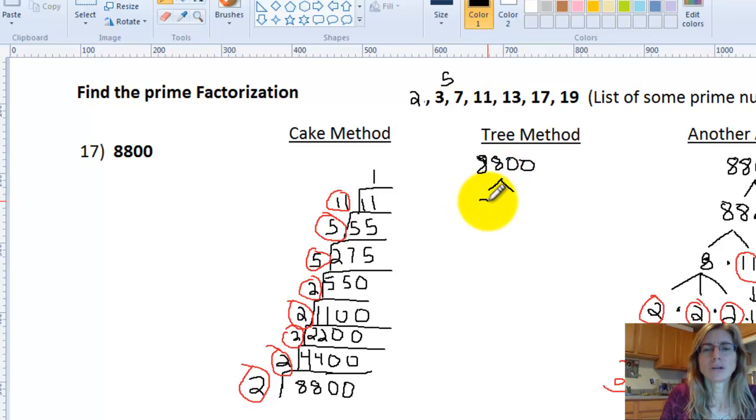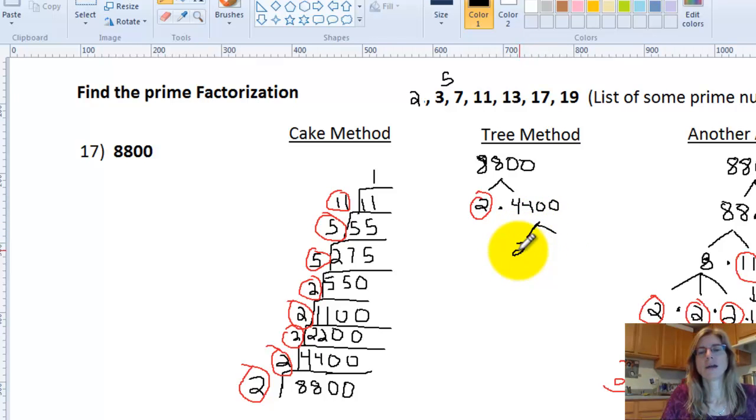Although it's very similar. So 2 times 4400. Trees work down, and you're kind of thinking more about multiplication than you are division. I've got a prime number, but this one is still composite. But we already know the answer to this whole problem, in fact. 2 times 2200 is going to be 4400.